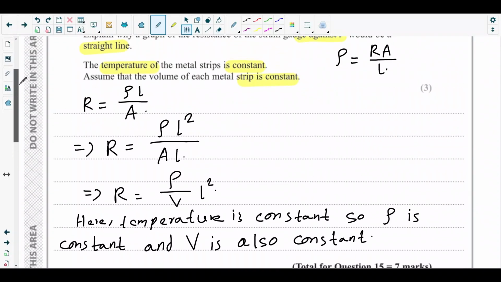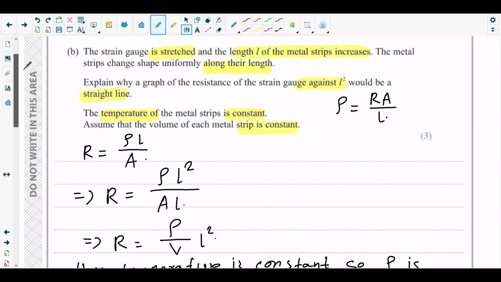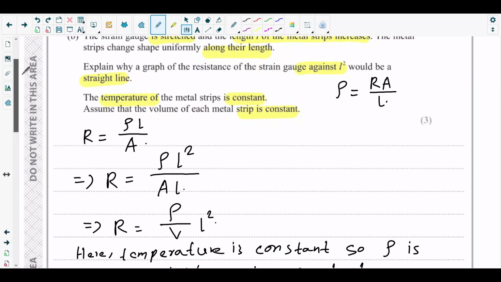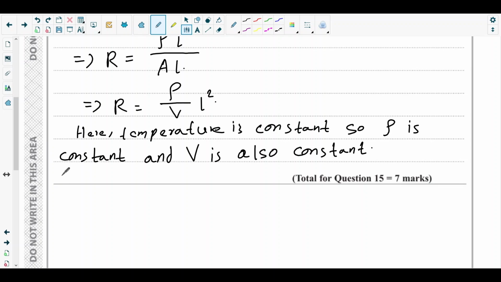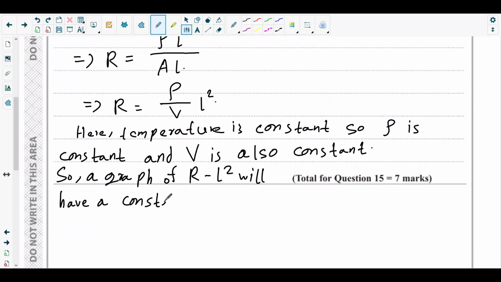So a graph of R against L squared will have a constant gradient, that is m equals rho over V, which is a constant.